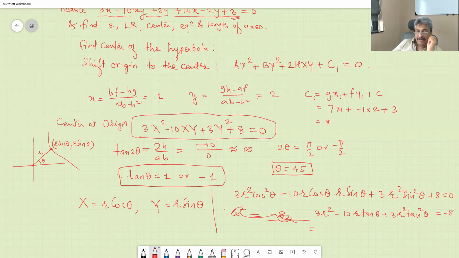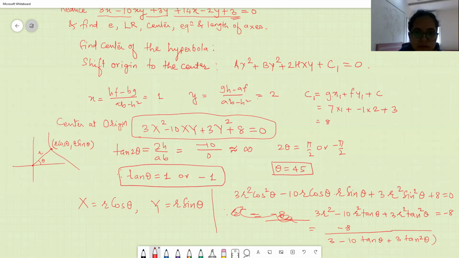And therefore, if I take r square common out, I get minus 8 divided by 3 minus 10 tan theta plus 3 tan square theta.